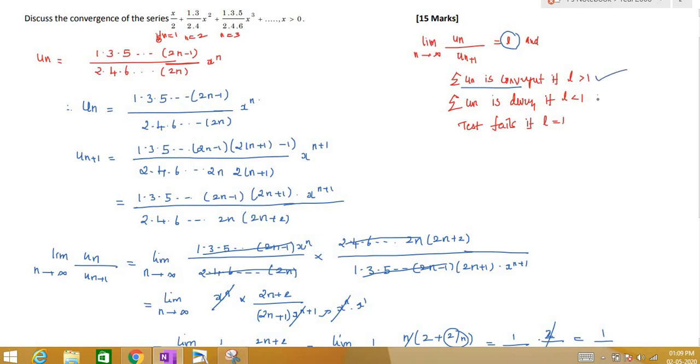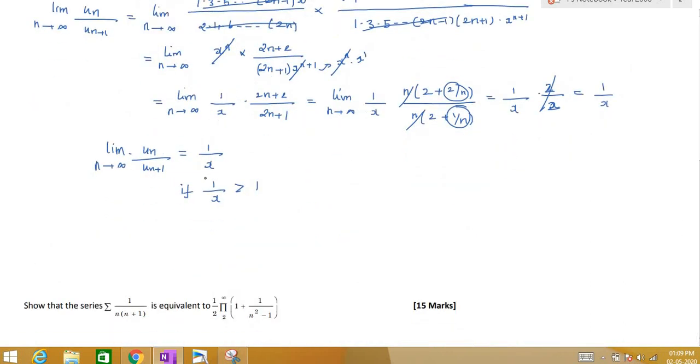And this is divergent otherwise. We need to find for what values of x this series will be convergent and divergent, right? So this is convergent if L is greater than 1, and divergent if L is less than 1. So if 1 by x is less than 1, then summation un is divergent.